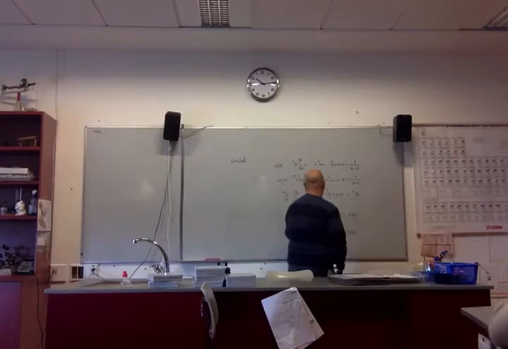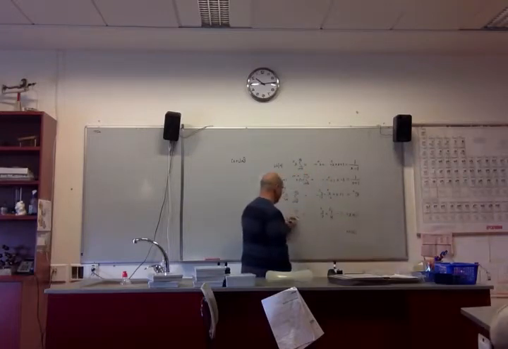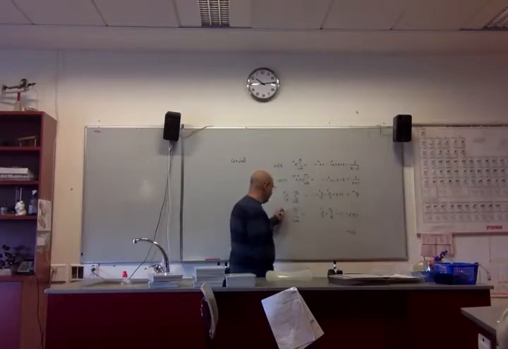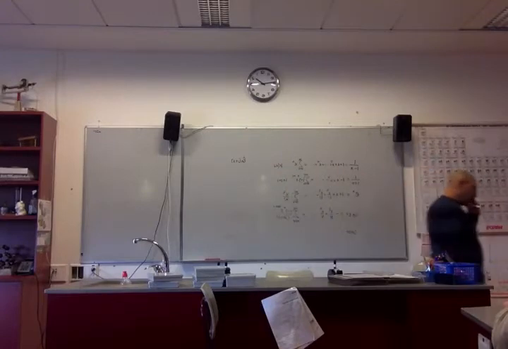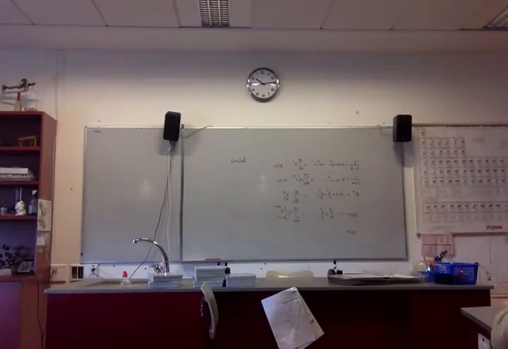Or in sigma form, n goes from 0 to infinity, negative 1 to the n, x to the 2n plus 1 over 2n plus 1 factorial. Cosine of x is the same, but it's even.